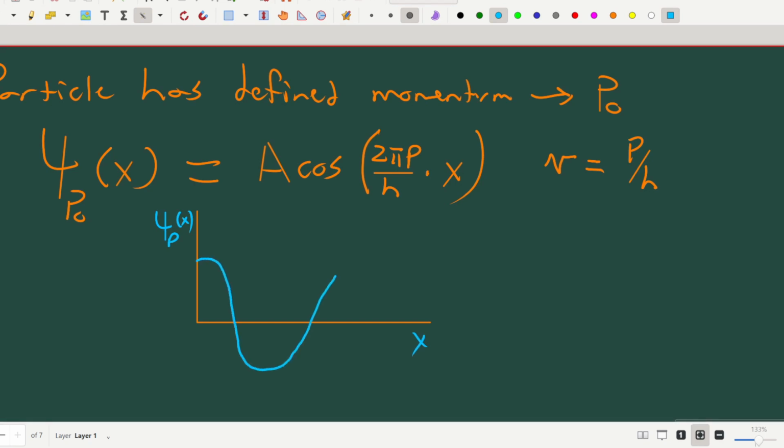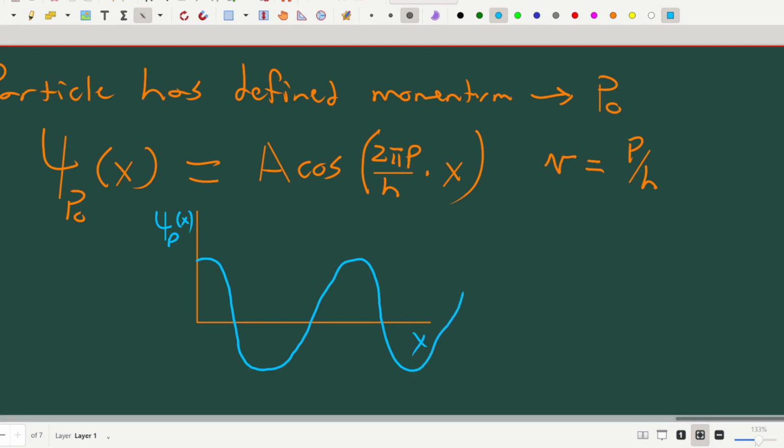This is what the wave function looks like. Okay, and so let's think about what this means in terms of the position of the electron. This is the wave function for its momentum as a function of position, but we know that if we know its momentum exactly, we know its wave property exactly, we know nothing about its particle property, its position.